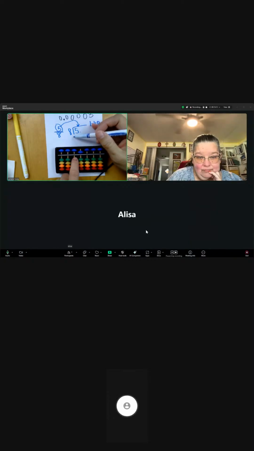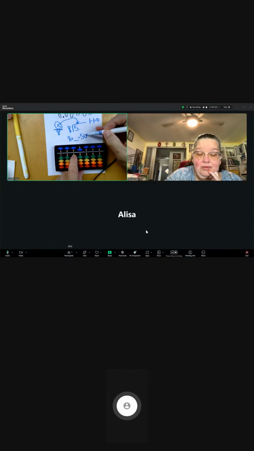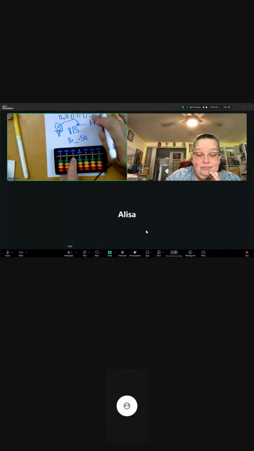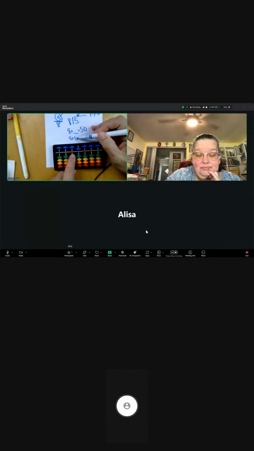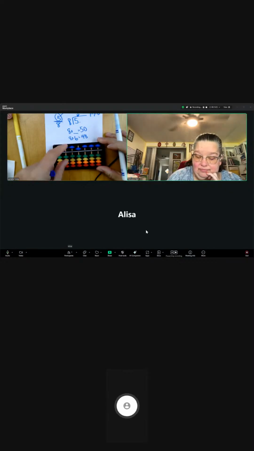What times 8 is equal to 5? Cannot, right? We need to do 50. What times 8 is equal to 50 or less? 6. So 8 times 6 is equal to 48. So we add the 6 here, you take away 4, you take away 8.